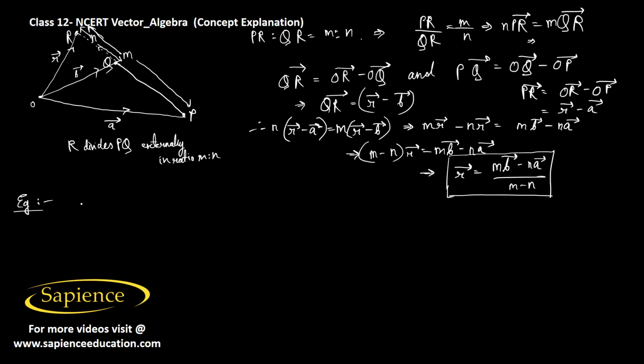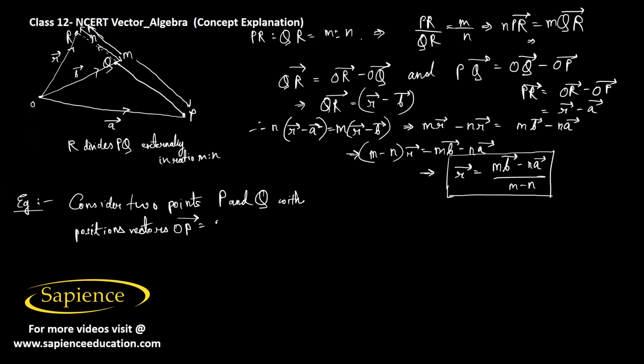Suppose, for example, it is asked: consider two points P and Q with position vectors OP vector equal to 3a vector minus 2b vector, and OQ vector equal to a vector plus b vector.